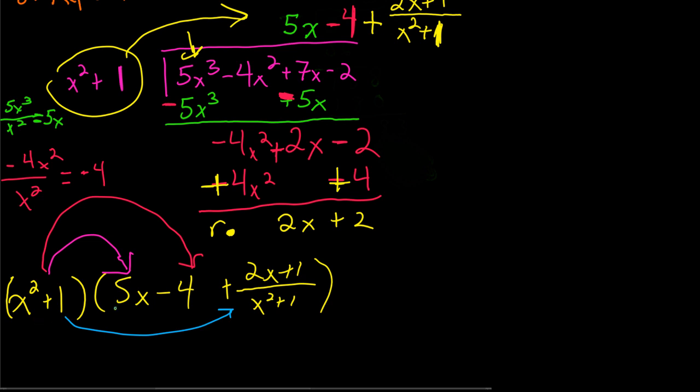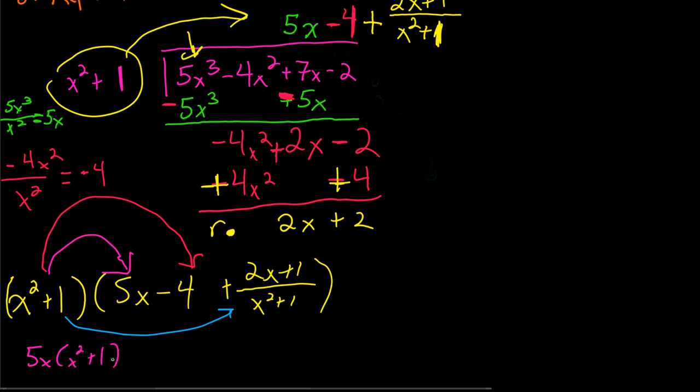So, doing the first multiplication, x squared plus 1 times 5x. I'll write the 5x out front. Right? We tend to like our number out front, right? So I'll do 5x times x squared plus 1.